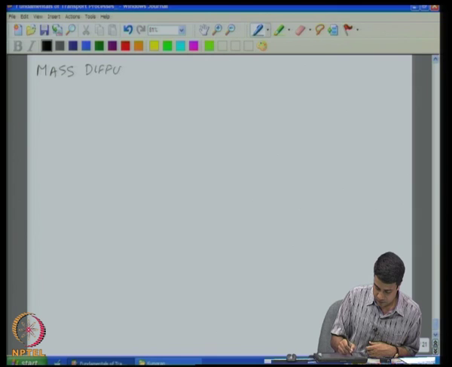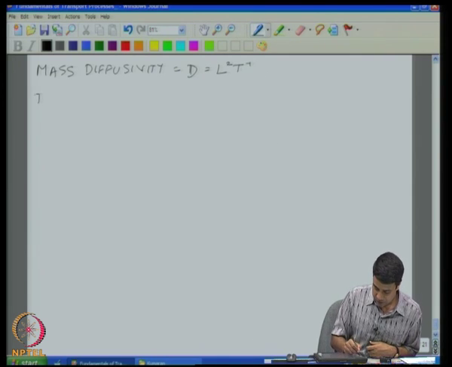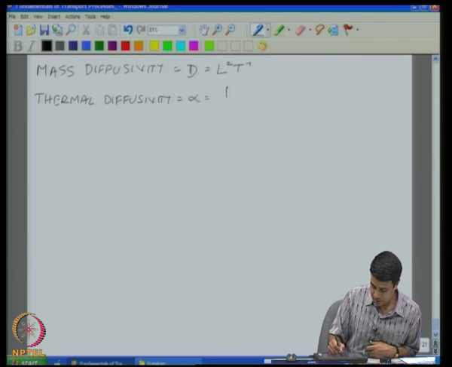mass diffusivity, which is D, has dimensions of L square T inverse. Thermal diffusivity, which is alpha, which is k by rho Cp.